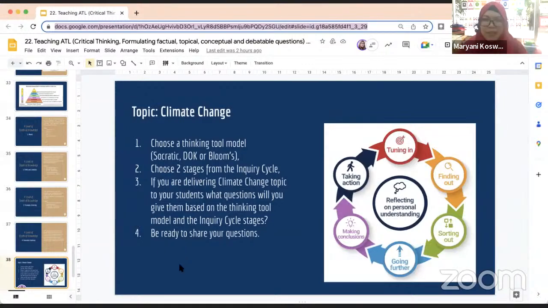Okay, thank you, Miss. In my perspective, I think it will be better to choose one thinking tool and then apply it consistently. So they need to be familiar with the routine first. Because if you notice, the three thinking tools have similarities and differences. So we just need them to have a routine, and then they need to classify, okay, when I ask this question, this is recalling.